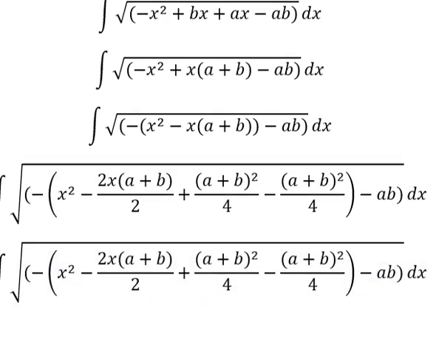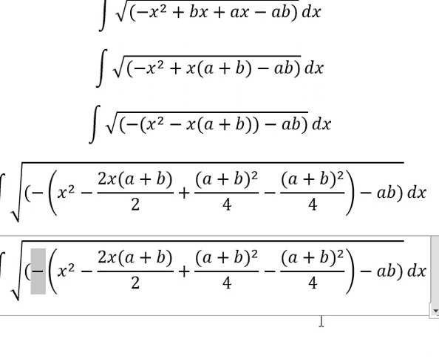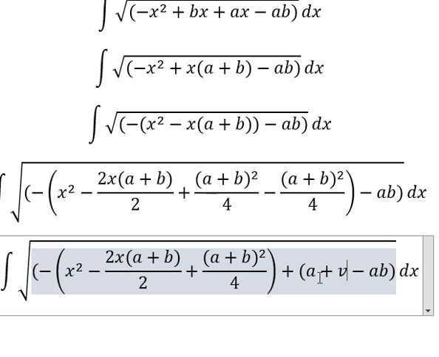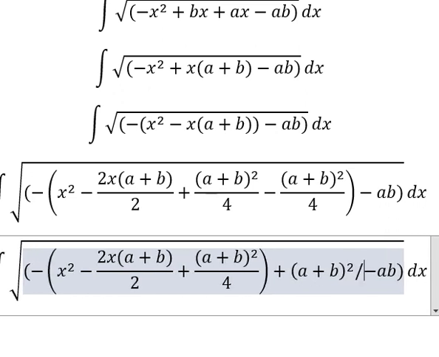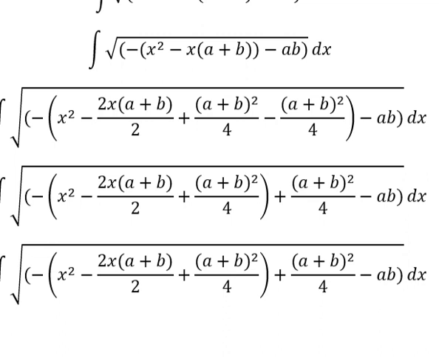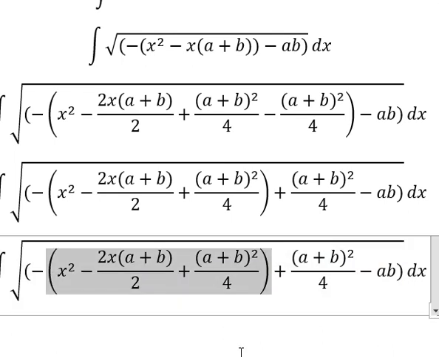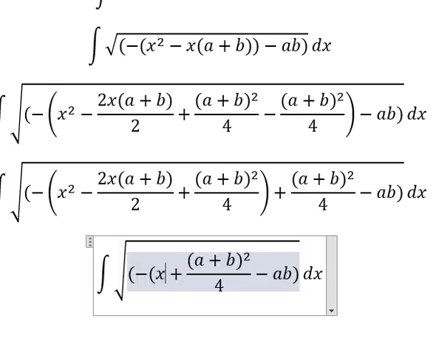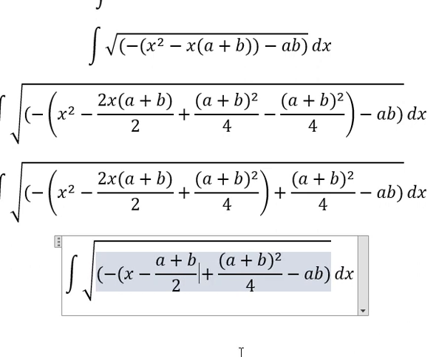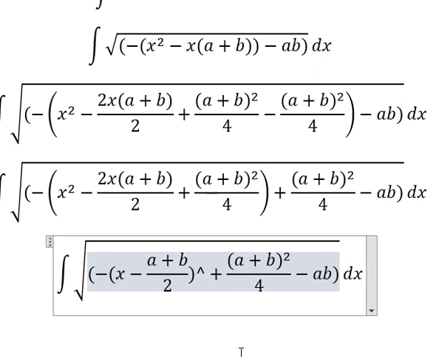The negative will change the sign of this one. So this one is (s minus (a plus b) over 2), everything to the power of 2.